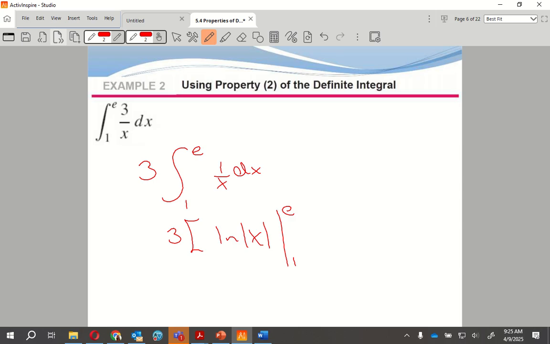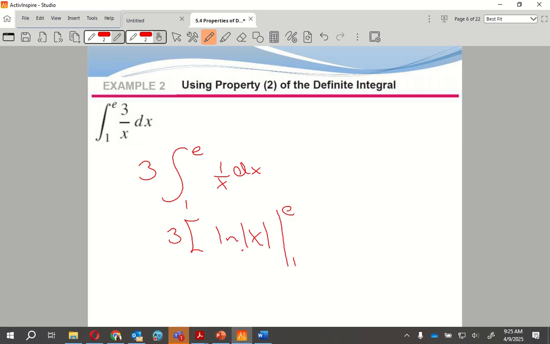One more time: absolute value bars. The domain of ln x is all positive. It doesn't exist in the negative. So absolute value for any of the problems that have plus C. This one for the bounds, it's not gonna matter. Does that make sense? Okay.